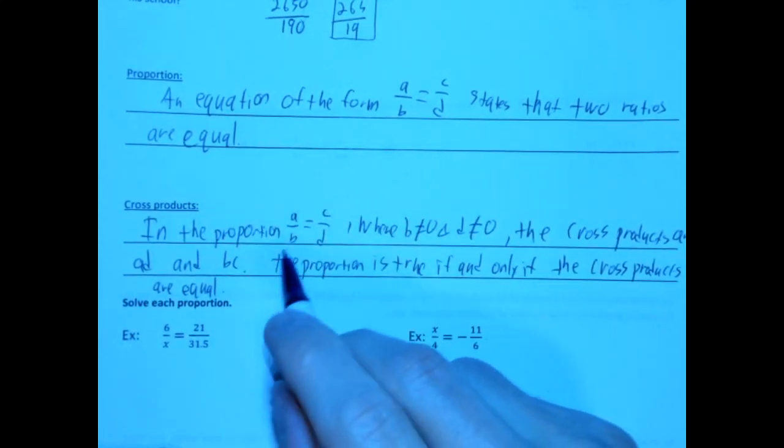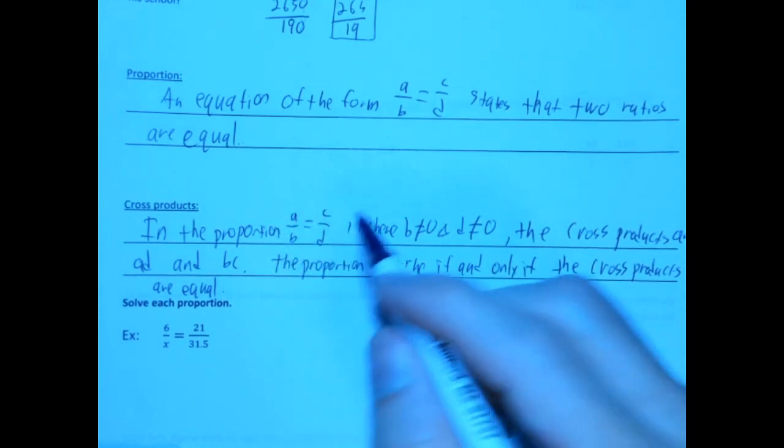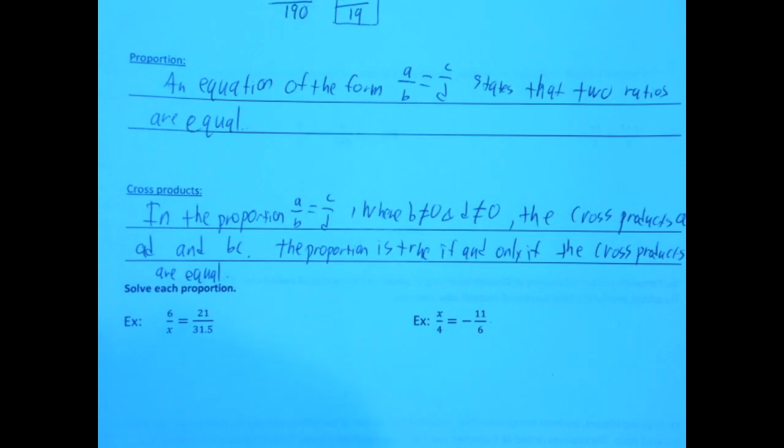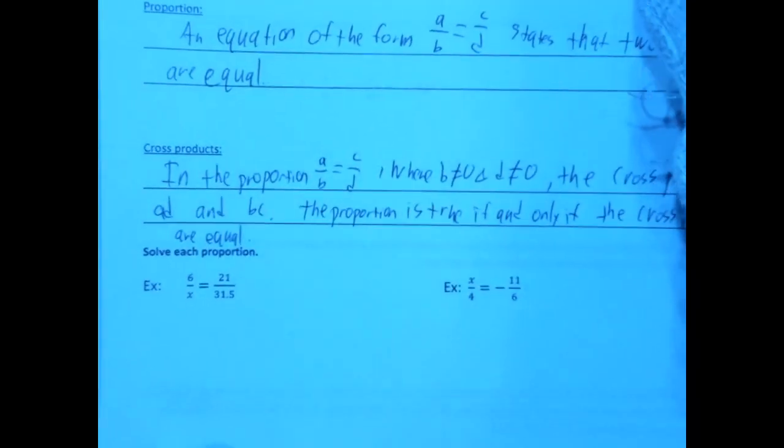In other words, we use cross multiplication to solve this proportion. So for those of you who are fans of cross multiplication, you're probably going to enjoy a lot of the stuff we do here in this section.